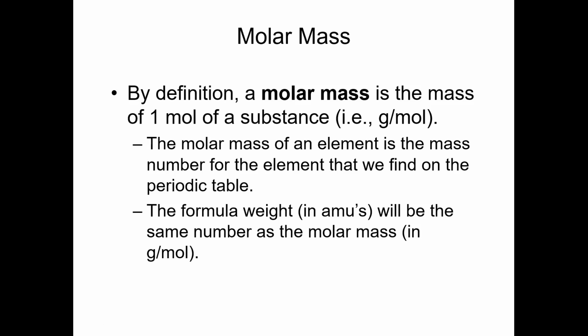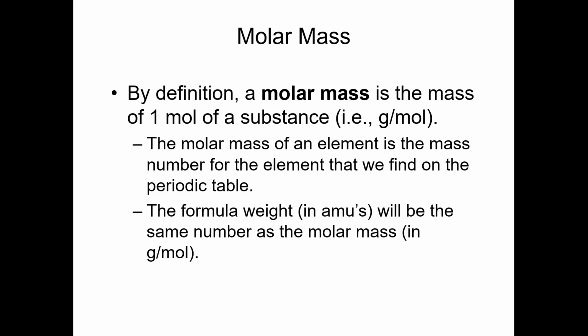This is sort of redundant from what we've already said, but sometimes we can't say these things enough. If you want to figure out the mass of one mole of anything, you look up all the elements on the periodic table, you multiply by how many atoms of each of those elements appear in the formula, and then you work out the mass of one molecule in AMU.